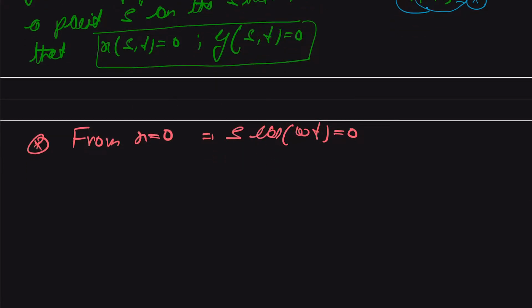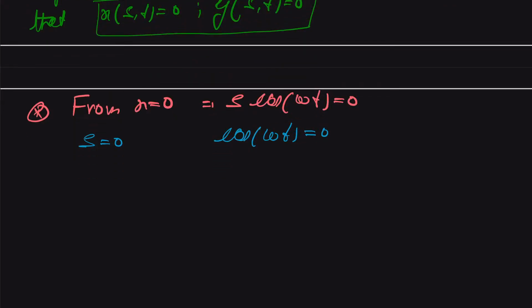So either the value of s is equal to 0, or cos of omega t is equal to 0. These are the two conditions which can be true. And if s is equal to 0, we have said that s is the distance of that point from the center of mass, so this is nothing but our center of mass.